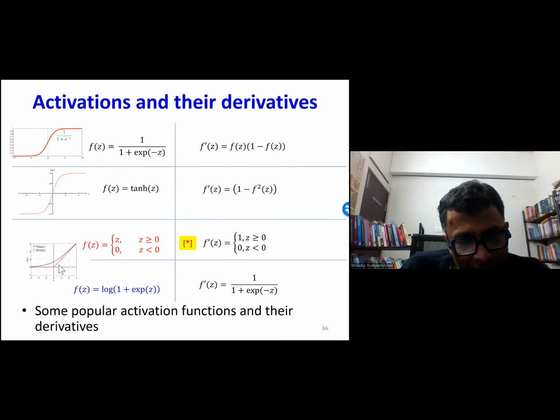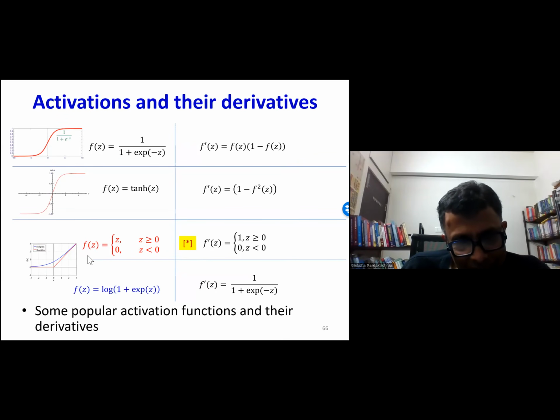Then you have other activation functions like the rectified linear unit, which is 0 for negative inputs and equal to the input for positive inputs. So clearly the slope of this rectified linear unit is going to be 1 for positive inputs and 0 for negative inputs. And it's not quite defined at this point.